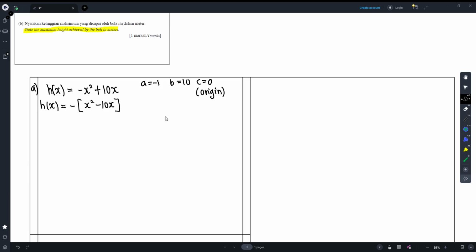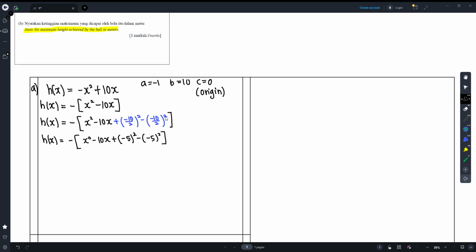Once you have factorized the negative out of the x², your next step will be to do the completing square method. So you have x² - 10x, and then you need to introduce +(-10/2)² - (-10/2)², and then close bracket.